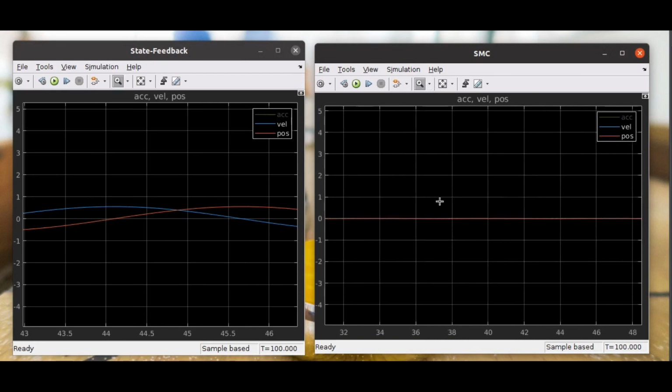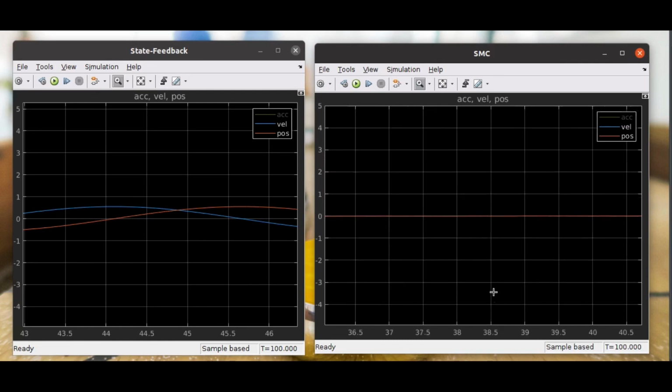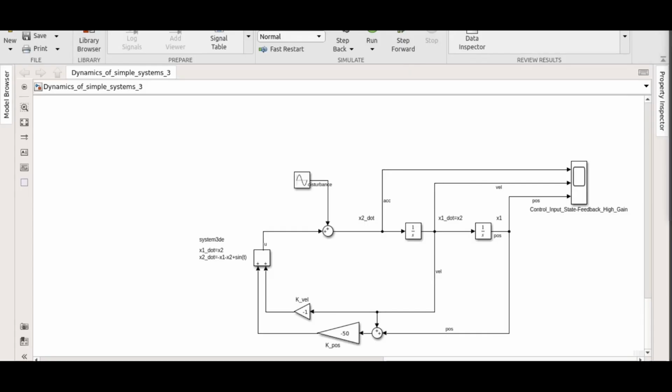So the sliding mode control worked better in this case, but there can be a counter argument that the state feedback control can be improved by increasing the gain of K position. If we increase the gain of K position, let us see the plots.